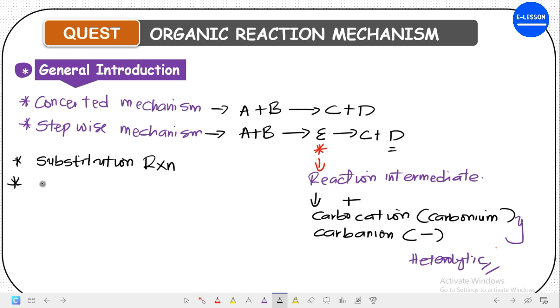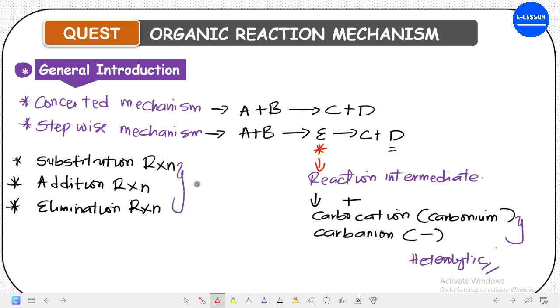Two, we have addition reaction. And three, we have elimination reaction. Now, these three reactions are what are considered as the classical organic reactions.